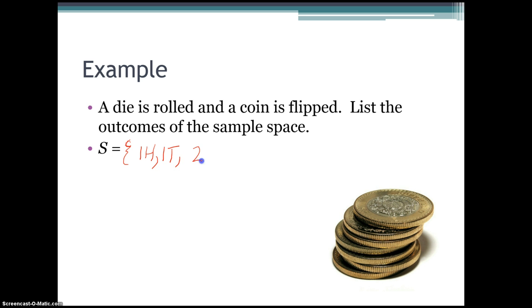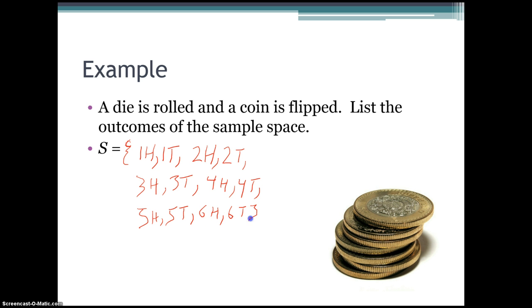I could get a 2 and heads, a 2 and tails, a 3 and heads, a 3 and tails, a 4 and heads, and I think you're probably catching on by now. And then we could wrap this up here, a 6 heads and a 6 tails.